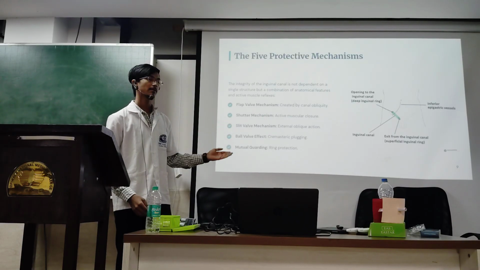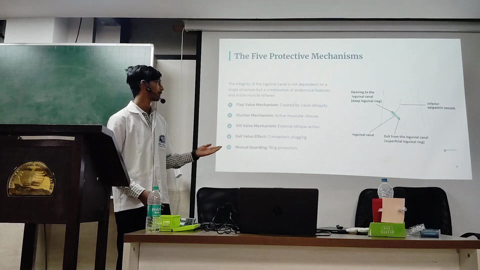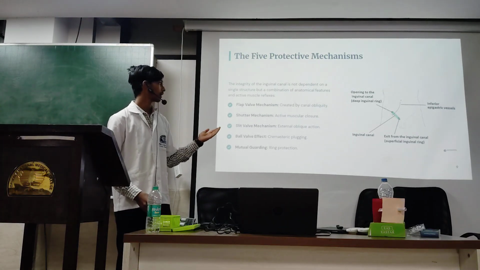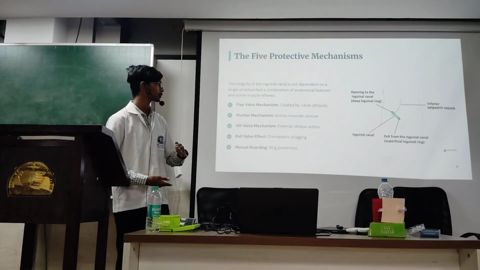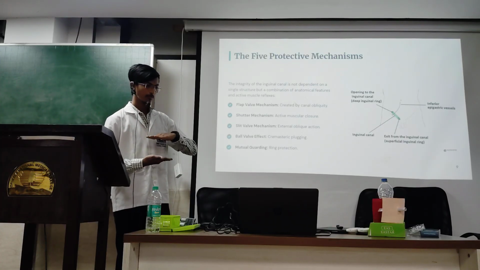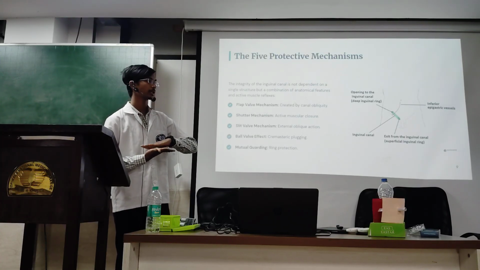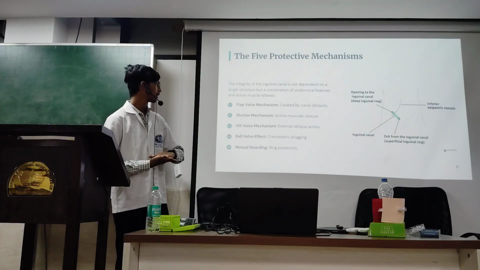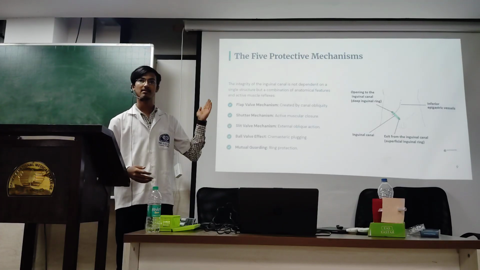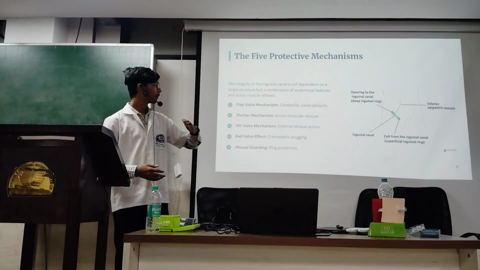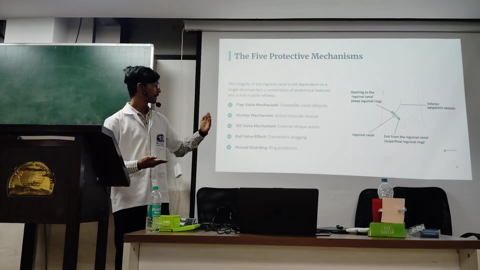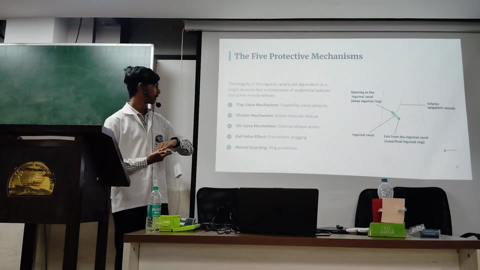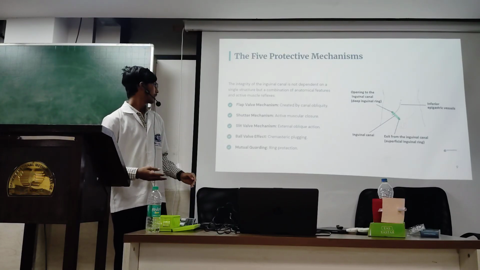The flap valve mechanism is created by the canal's obliquity. The shutter mechanism has active muscle closure, in which the anterior and posterior muscles apply pressure and close the inguinal canal in order to prevent hernia. The slit valve mechanism involves external oblique action, in which the oblique muscles apply pressure to prevent the inguinal canal from opening and therefore prevent hernia.